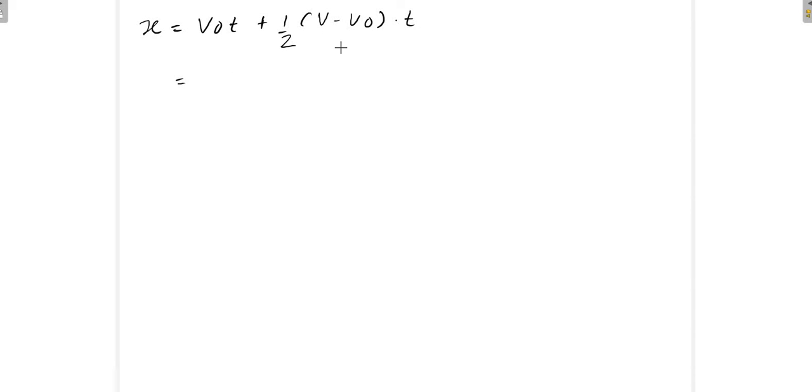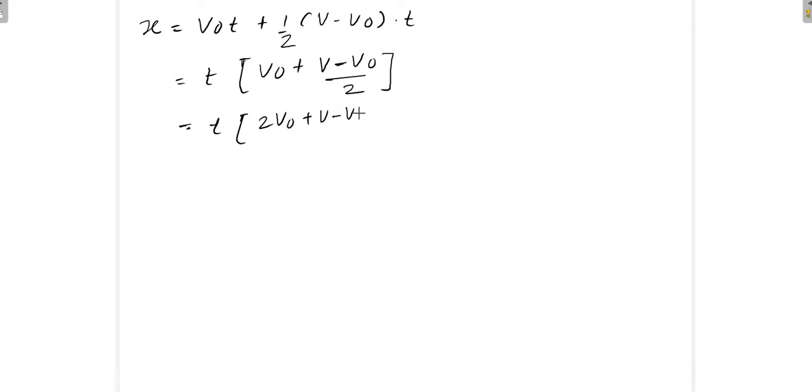Now suppose I simplify this, taking t common, this is v0 plus (v minus v0) divided by 2. If I simplify further, it is (2v0 plus v minus v0) divided by 2. So 2v0 minus v0 is going to be v0.